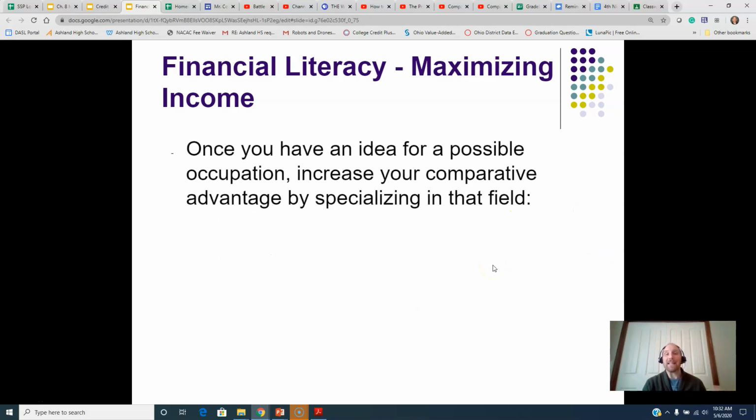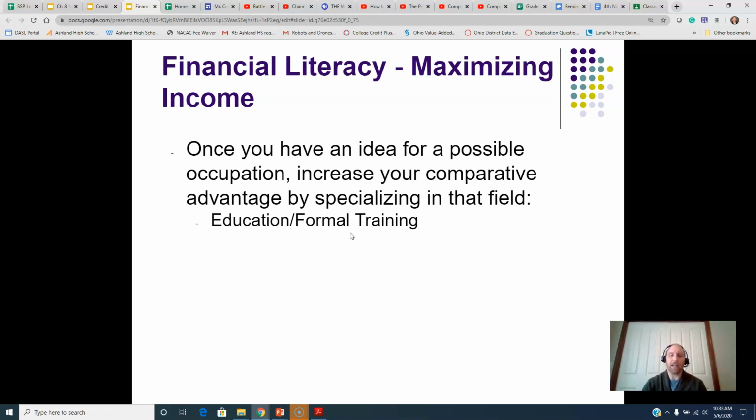Once you have an idea for a possible occupation to really specialize in that field and to maximize the income you can make, I cannot emphasize enough how important education is, or some sort of formal training in that particular field. I'm not necessarily saying you have to go to the most expensive college to get the most expensive degree to maximize income.